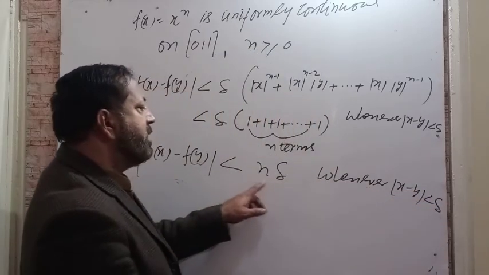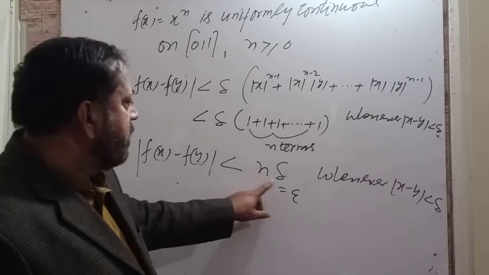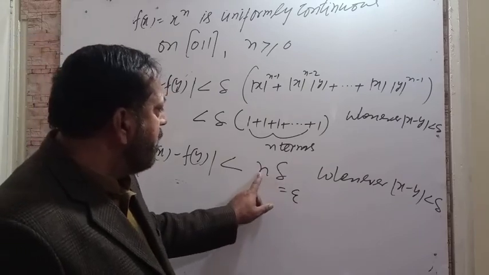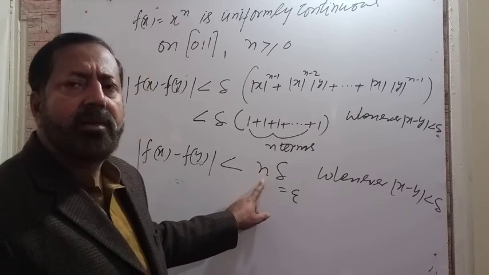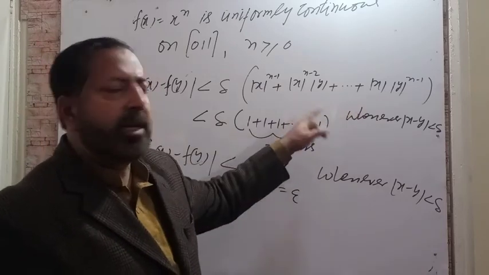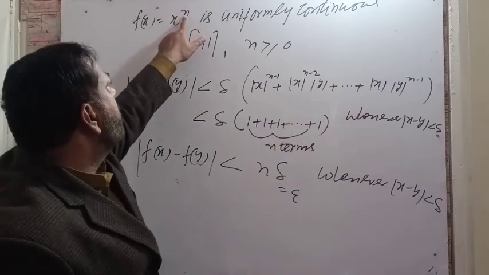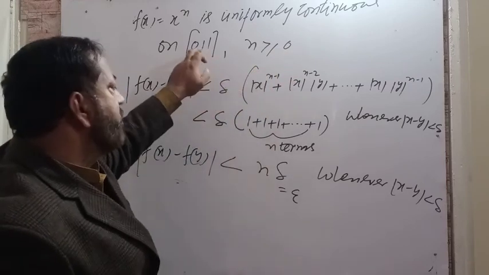Now, if I choose n delta equal to epsilon, this will serve, since delta depends upon epsilon only, but not on n, because n is a natural number. It could be 2, 3, whatever the terms are here. So here n is a natural number, greater than or equal to 0.